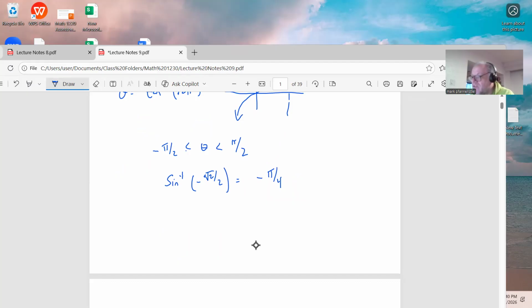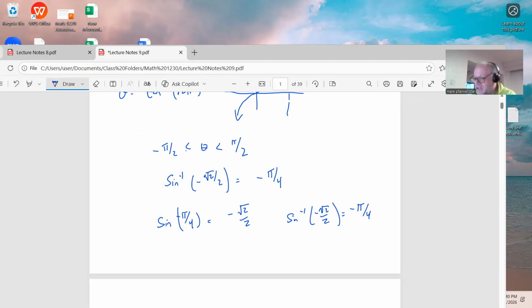I want you to remember, if we have the sine of negative pi over 4, then the answer is going to be negative square root of 2 over 2. So it would make sense that the inverse sine of negative root 2 over 2 is going to give us negative pi over 4.